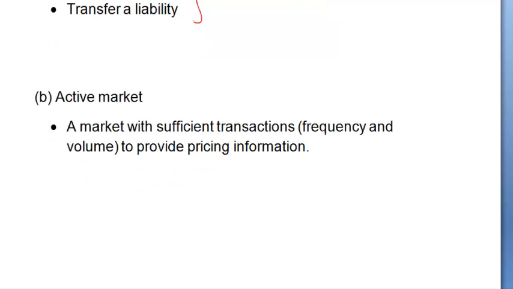So we have this thing called an active market, and an active market is one where we've got enough transactions in terms of frequency, so that's how often they're taking place, and volume, the size of the market, to provide pricing information.